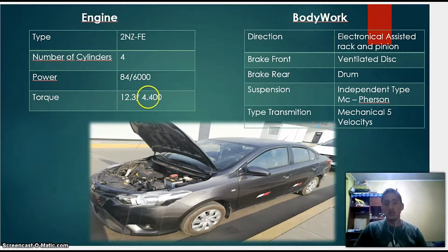The torque is 12.3 at 4.400. For the bodywork, the steering of the car is electronic assisted rack and pinion, or EPS. The front brake is a ventilated disc, and the rear brake is a drum brake. The suspension is the independent MacPherson type. The transmission is a mechanical 5 speed.